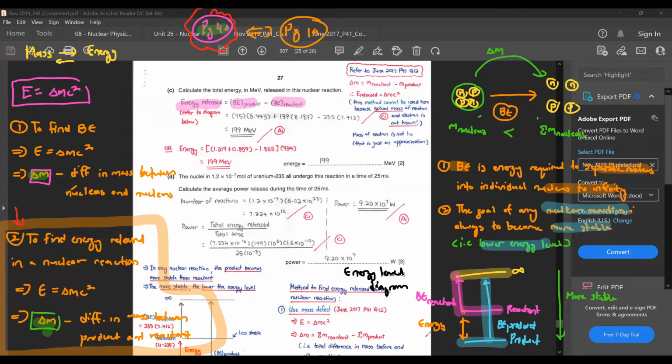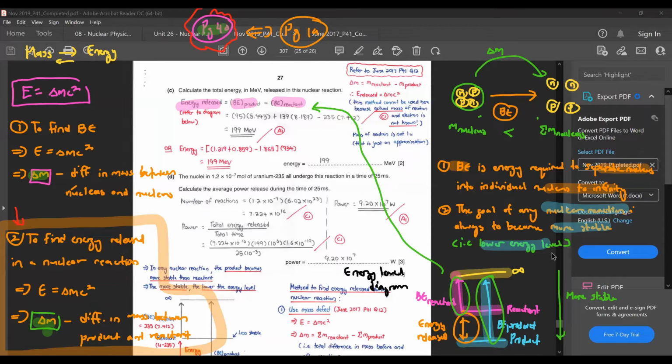This portion here is your energy release, which is the difference between the BE of your products and reactants. That's why, when I try to find the energy release, I take the BE of my products minus the BE of my reactants.